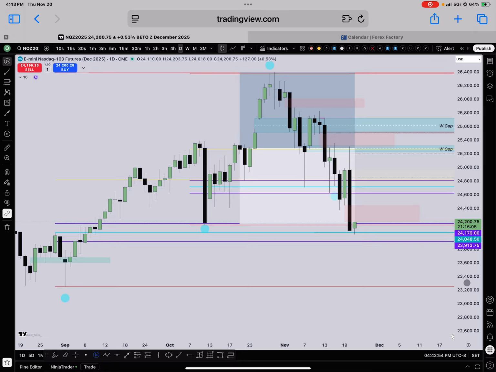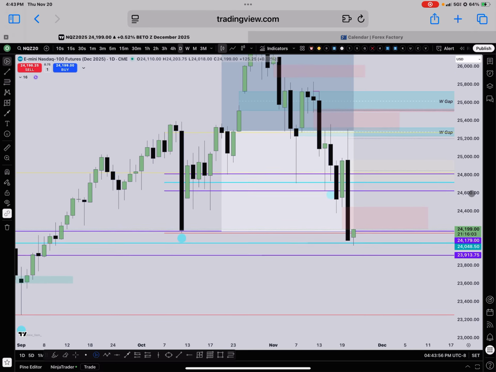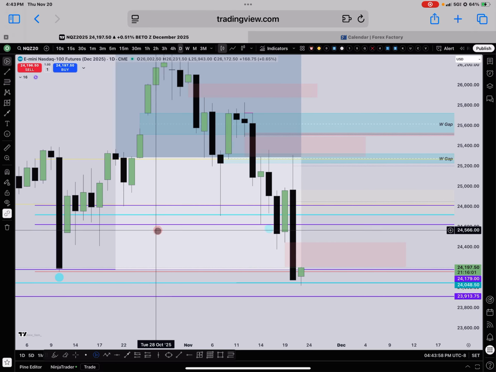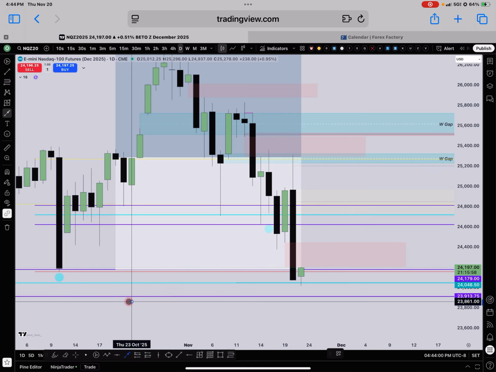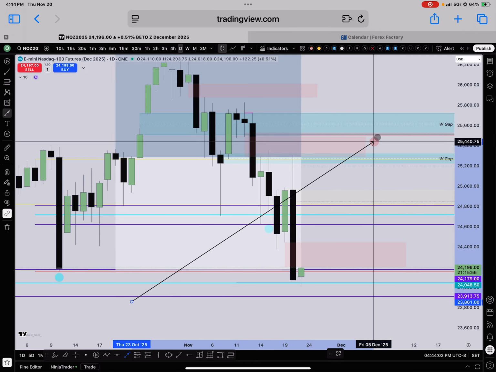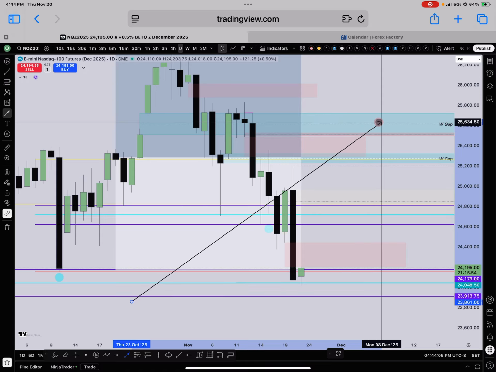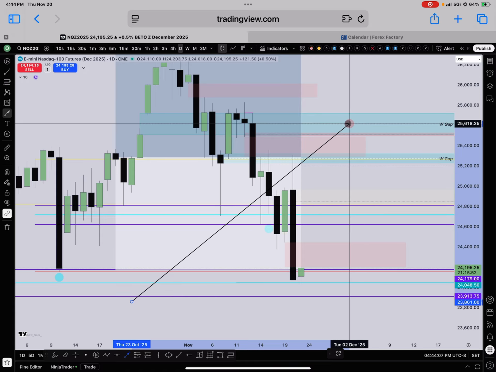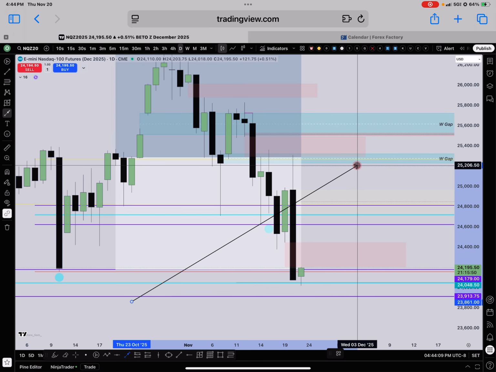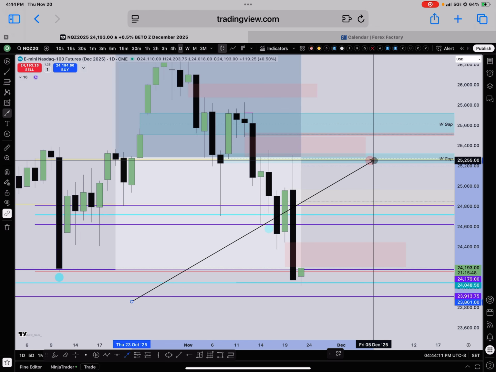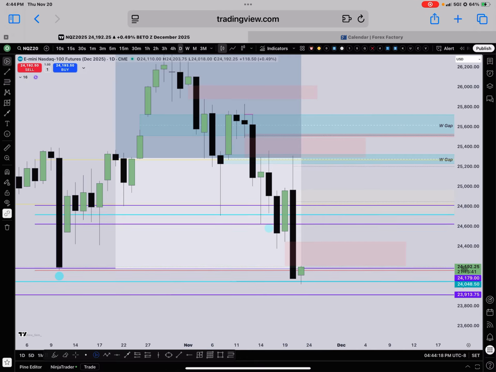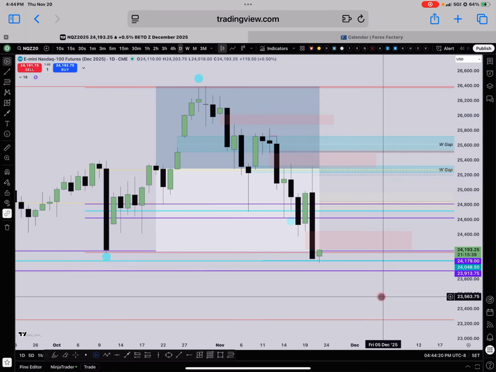By the way, this here represents the weekly gaps, and ICT Michael mentioned in his last video about these gaps now being bearish, and that they will be very strong resistance. So I had that in mind.